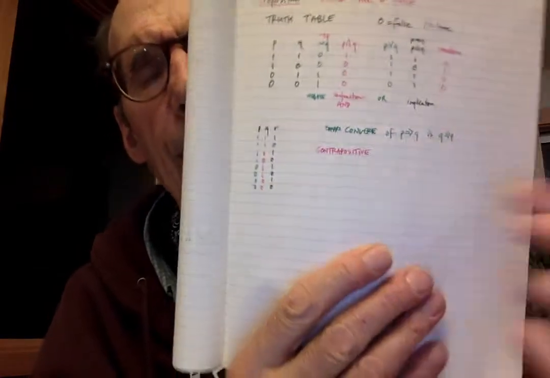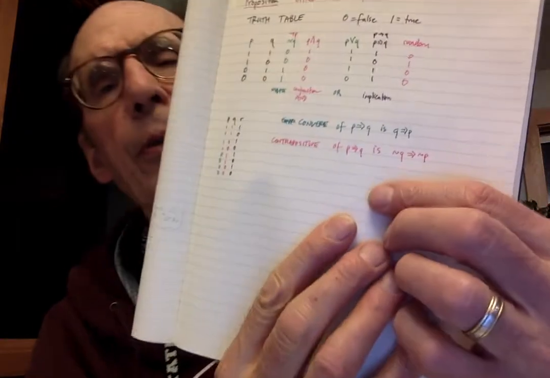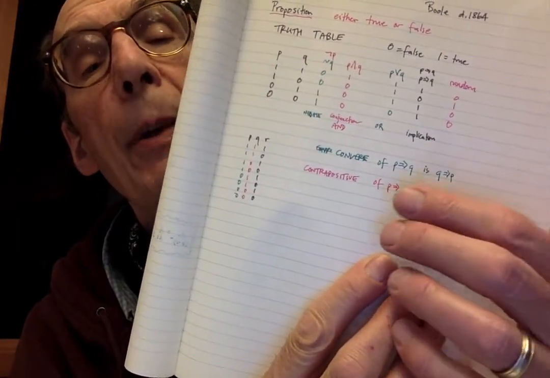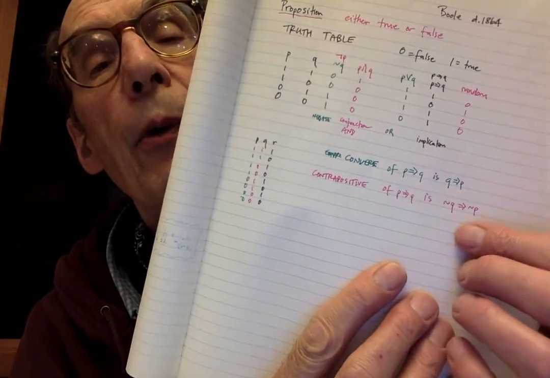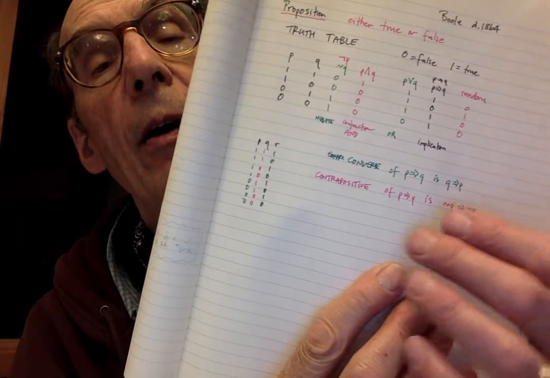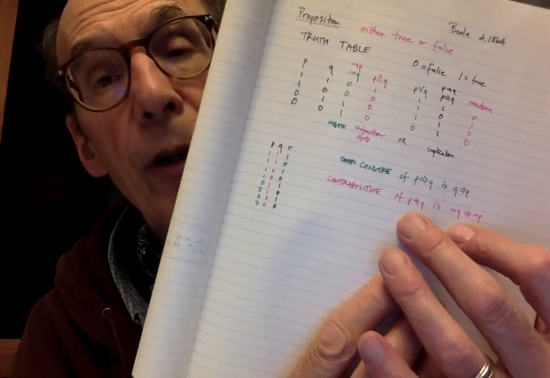You'd think you'd call it negative or something, but we've already used that. So contrapositive, and the contrapositive of P implies Q is the negation of Q implies the negation of P. And so I'm using the more standard mathematical idea of negation, but this is an important tool in doing reasoning because these are absolutely 100% equivalent.